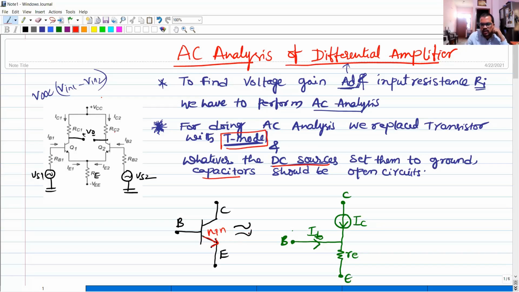This transistor is replaced by a T model. See here, this model looks like a T, right? Now see here, the base is replaced by a current IB, the collector is replaced by IC current, and the emitter is replaced by a dynamic resistance, that is RE.